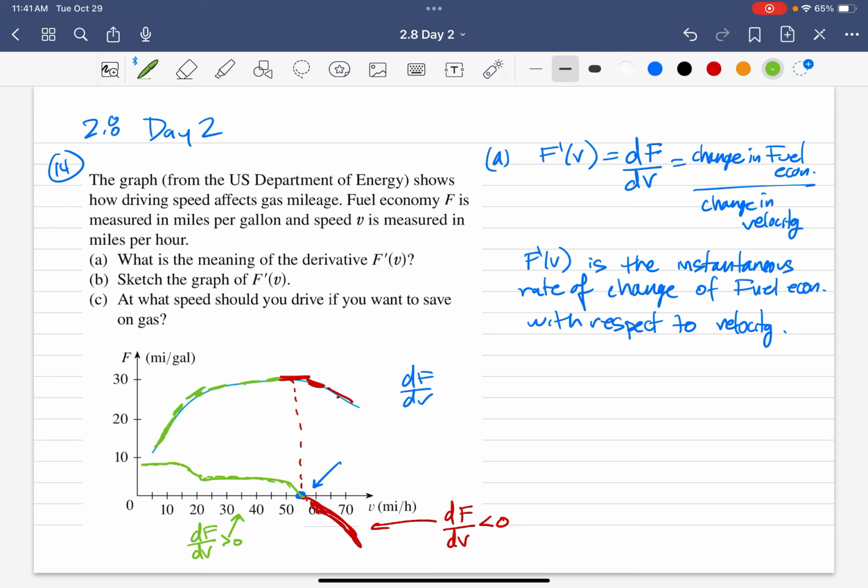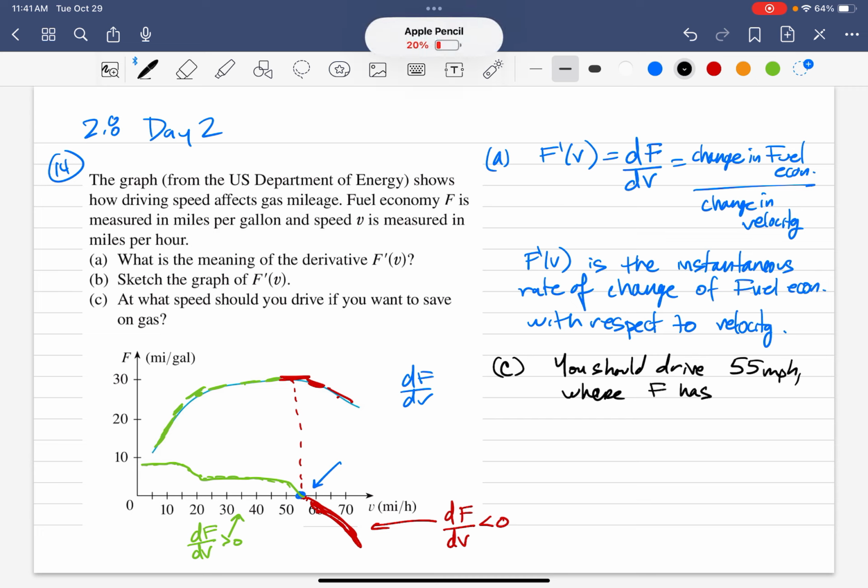So then C asks, at what speed should you drive if you want to save on gas? Looks like you should drive 55 miles per hour, where F has a maximum, where F is its largest.